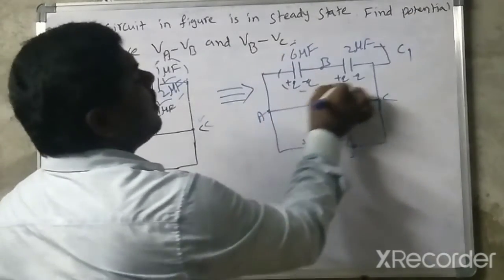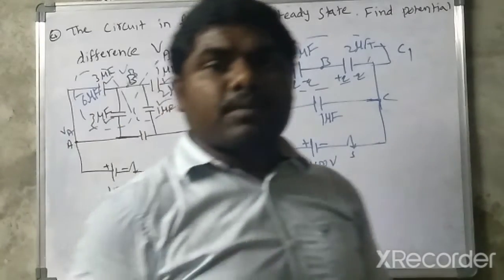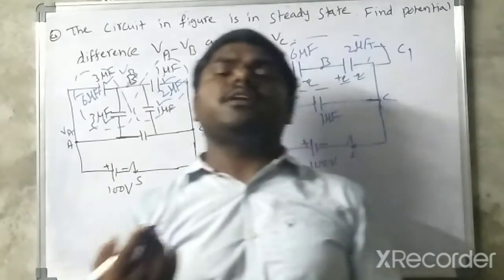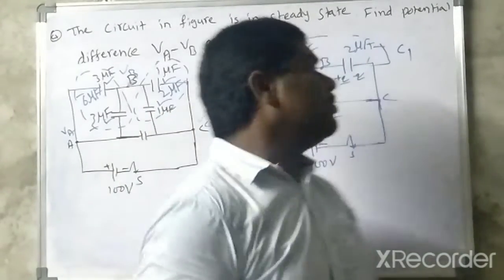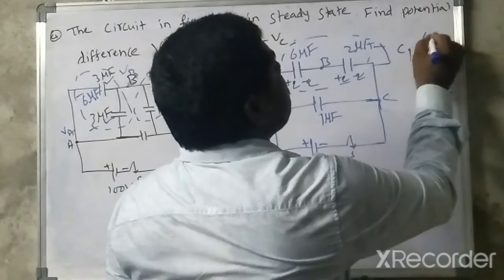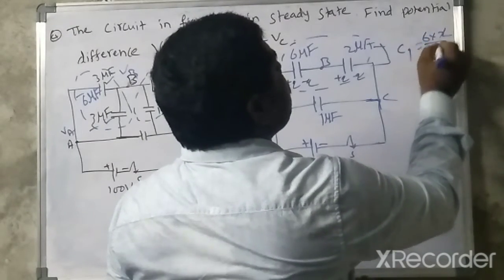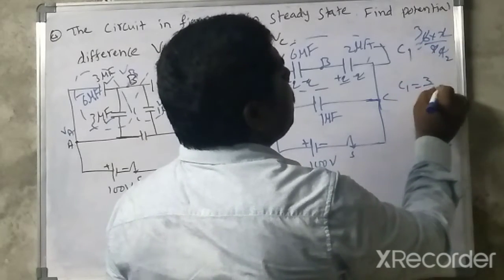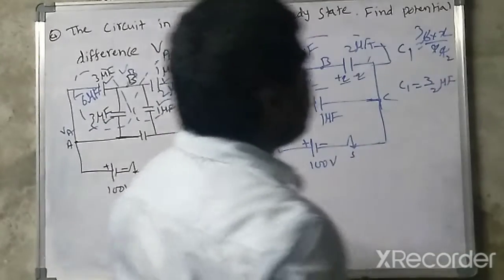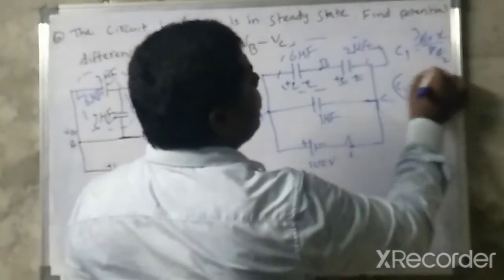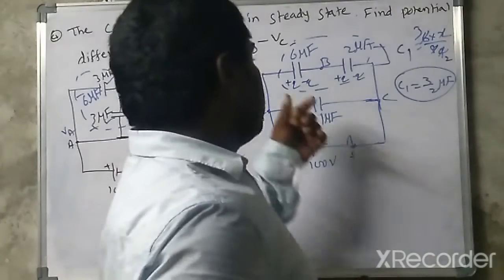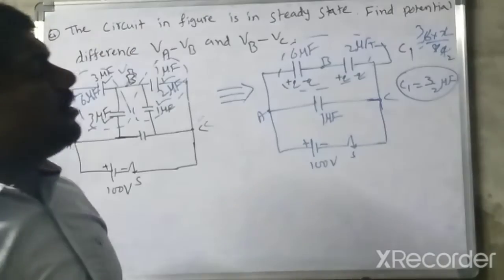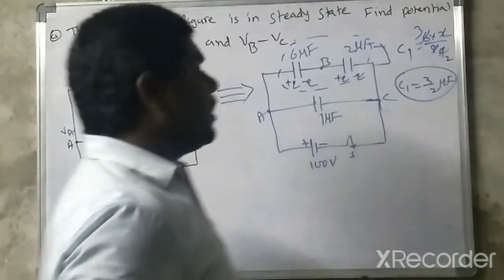Here these two are connected in series. Whenever two capacitors are connected in series, C1 into C2 divided by C1 plus C2. So C1 is equal to 6 into 2 divided by 8, so C1 is equal to 3 by 2 microfarad. That is the upper branch equivalent capacitor, C1 equal to 3 by 2 microfarad.